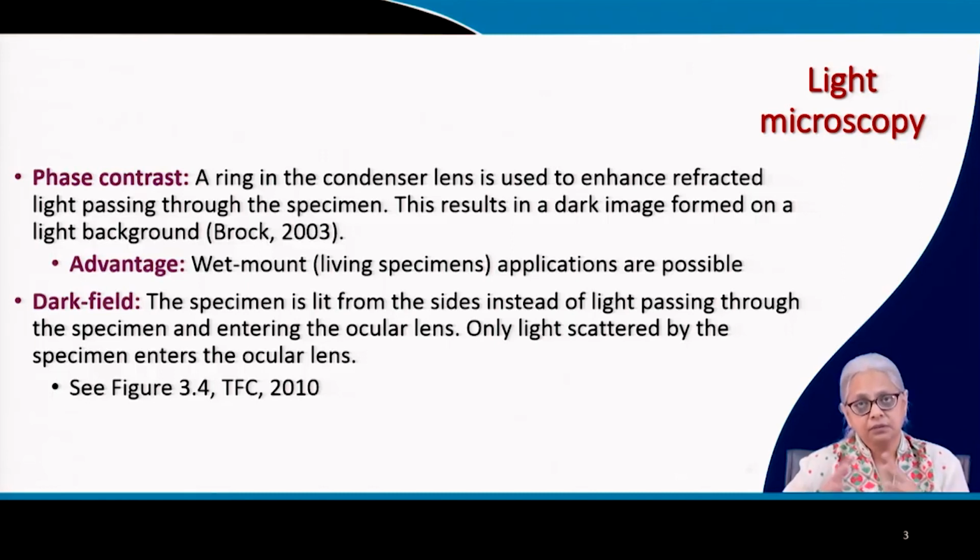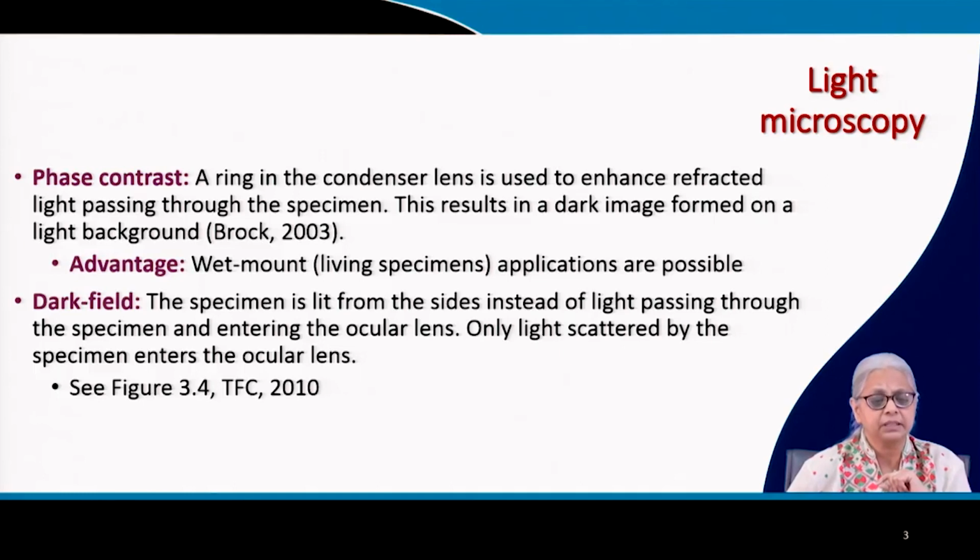So this external covering of the cell is much clearer in phase contrast microscopy. And I think one of the other textbooks mentions very clearly that one of the advantages of phase contrast is that wet mount applications are possible. So you don't have to have dry mount, which in some cases can distort the features of the cell.